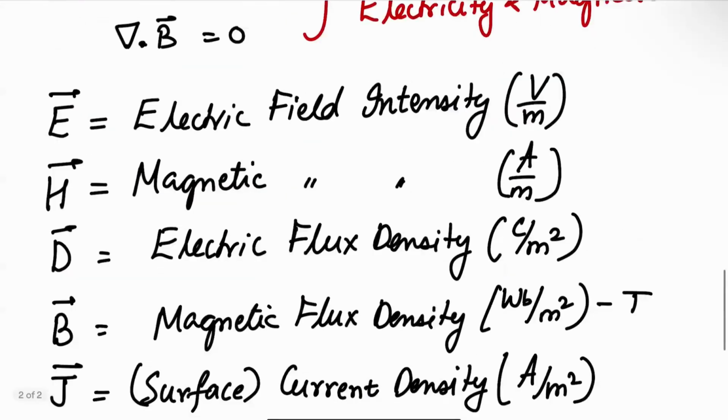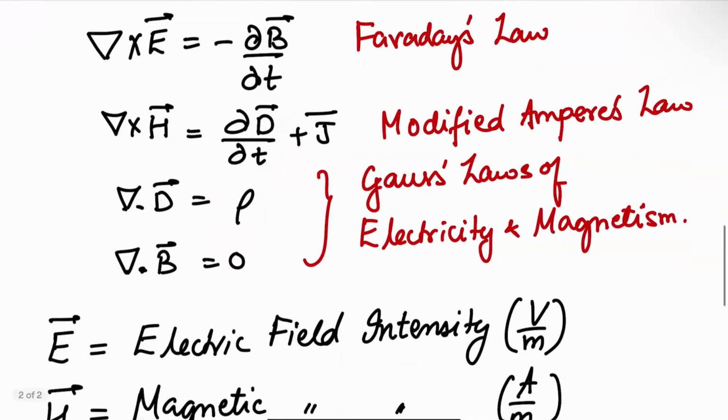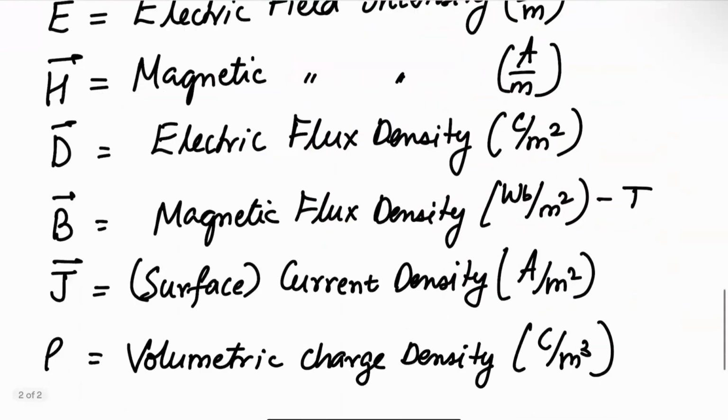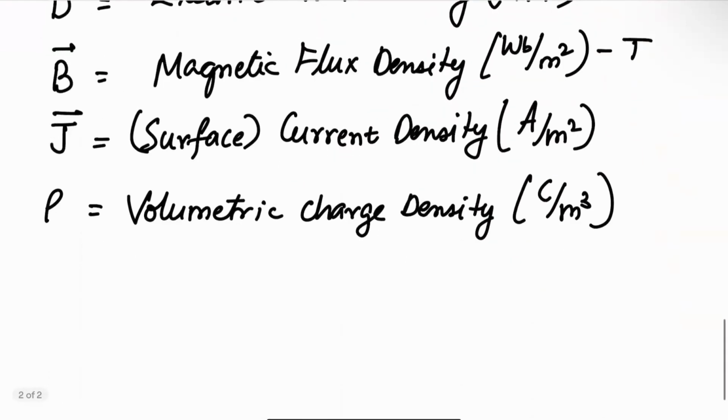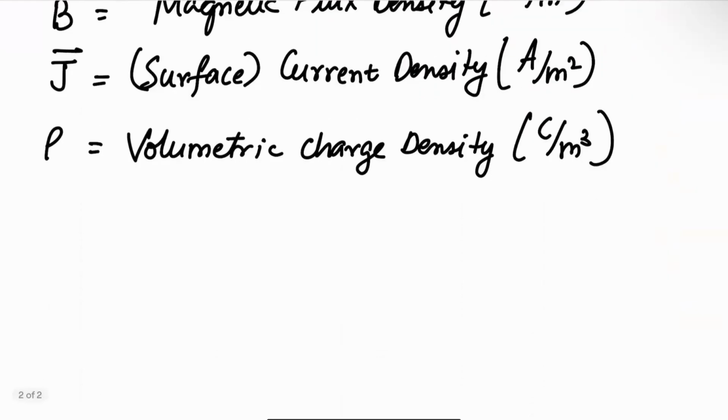Okay, so we gave these 4 Maxwell's equations, but in fact, J and rho are also related. And they're related by what is known as the continuity equation or conservation of charge, essentially. It's a continuity equation which is equivalent to charge conservation. And we can quickly derive that, in fact.